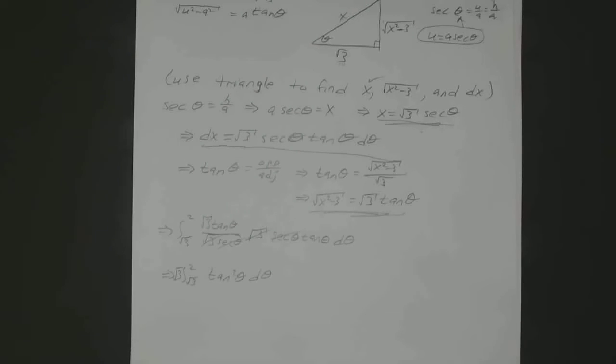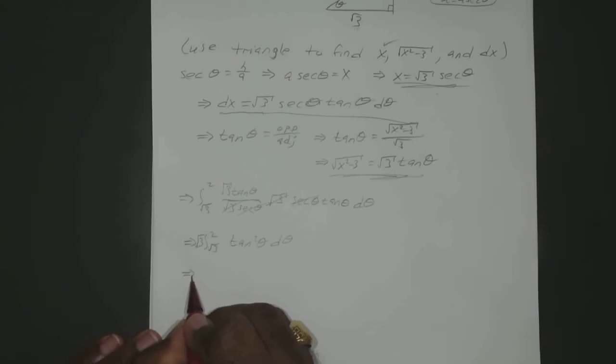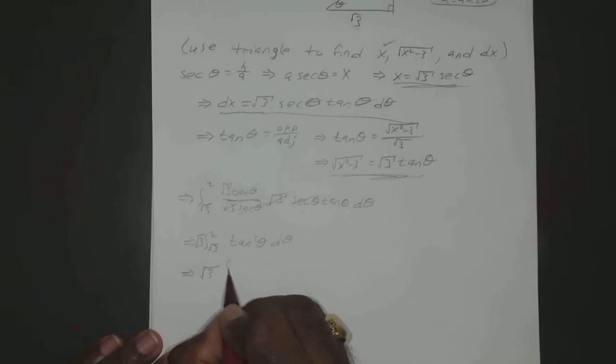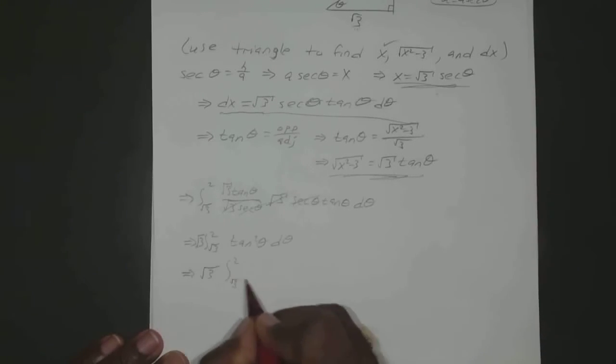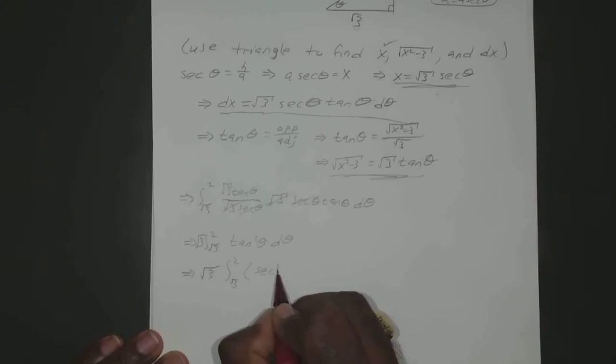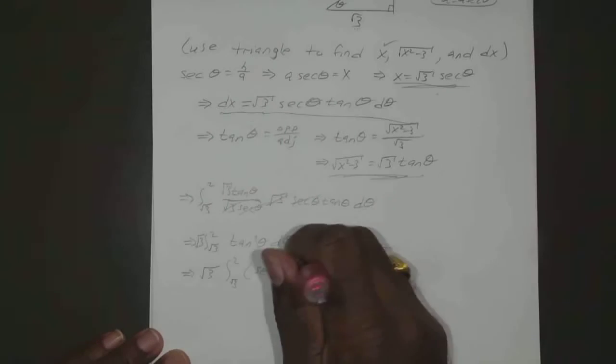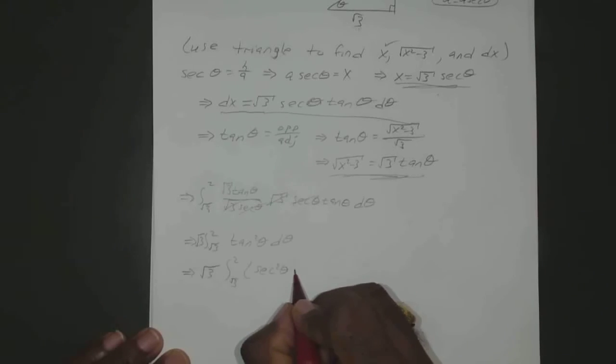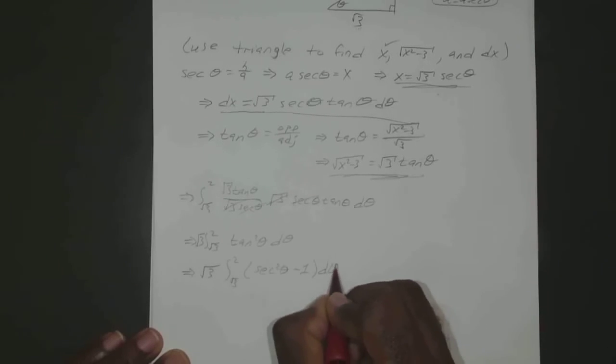Now we already know when we have an even and positive power of tangent squared, we have to convert it. So you have the integral from square root of 3 to 2 of secant squared theta minus 1 d theta.